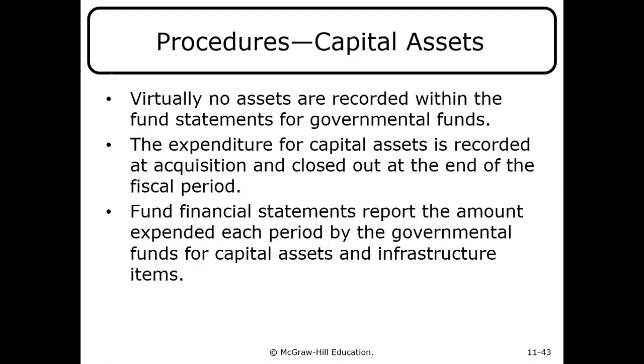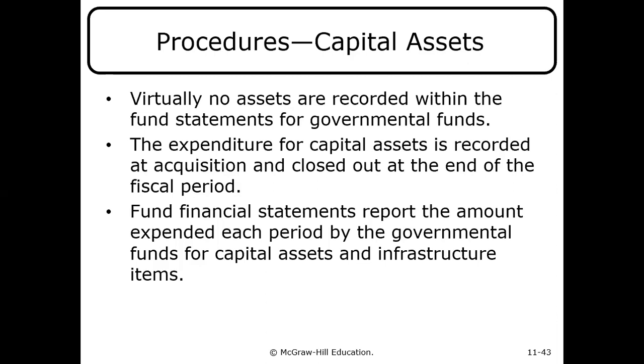So fund financial statements report the amount expended each period by the governmental funds, whether it's for a regular service expense or a capital asset. Prior to the development of government-wide financial statements, only a minimum amount of information was available to decision makers about capital assets. There was a listing included in the financial statements just for information purposes.